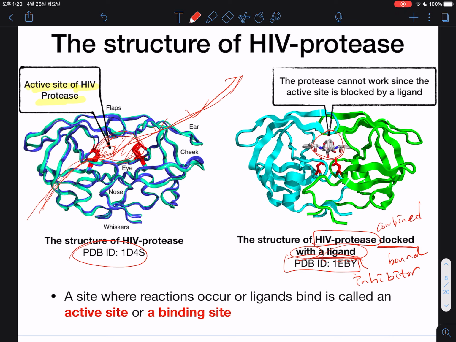If you take a look at the 3D structure of this crystal structure, since this active site is blocked, the protein chain cannot go into this active site, and this ligand prevents the reproduction of HIV protease, and eventually prevents HIV from reproducing. So basically this becomes the suppressor of the HIV virus, or in other words, the cure of the AIDS virus.